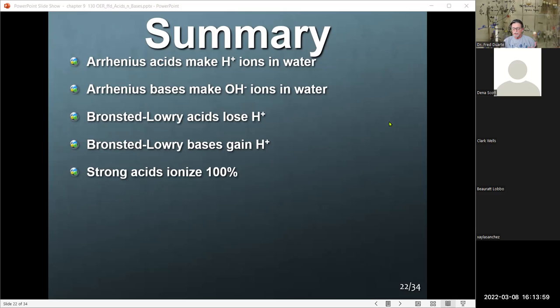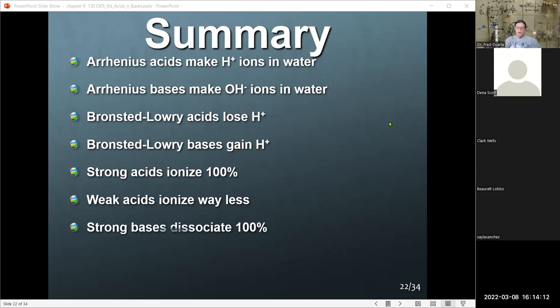Strong acids, we were talking about solubility, how they dissociate. If there's a strong acid, roughly 100% completely dissociates, breaks apart, or ionizes. Weak, much less, maybe 1 to 5%. The same is true for strong bases. They dissociate 100%.